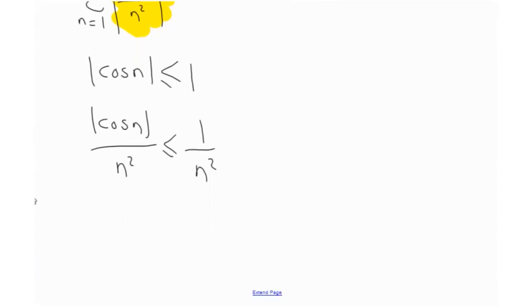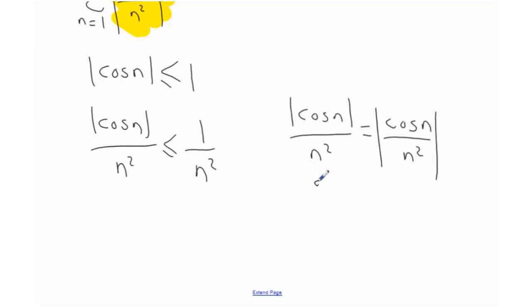So it's completely equivalent to say the absolute value of cos n over n squared is exactly the same as the absolute value of cos n, all over n squared, since n squared is always greater than or equal to 0.